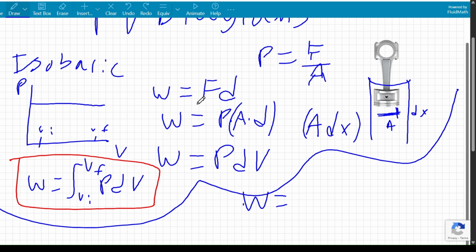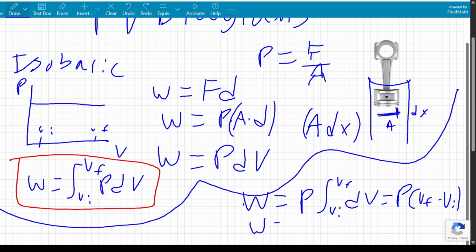But for isobaric specifically, we can take pressure out of the integral because it'll be constant. So you have pressure times the integral of dV from VI to VF, and we know that that is literally just pressure times volume final minus volume initial, which is literally just pressure times change in volume.